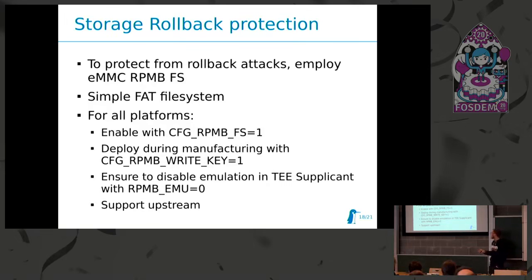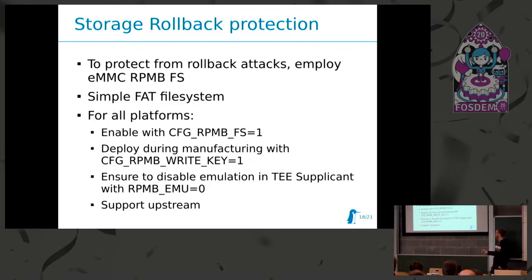So you have to enable this replay protected memory block file system. Then you have to do a one-time deployment during production to write a key, or to exchange a key, between your processor and your eMMC. This is a one-time operation. You can't write this key again. It is then kind of fused to your eMMC. And then you run your normal Opti, which does not do the key exchange afterwards.